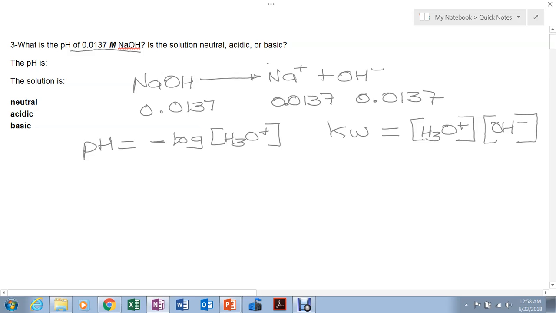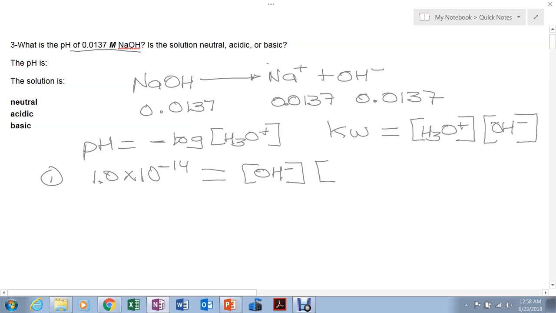So you got here that you have the concentration of OH. One way of doing it is asking for the pH. So how do you find the concentration of hydronium? Well, you got the value of Kw, 1.0 by 10 to the negative 14, equals the concentration of H3O times the concentration of OH.